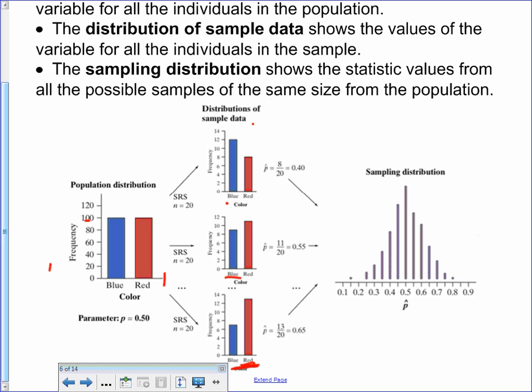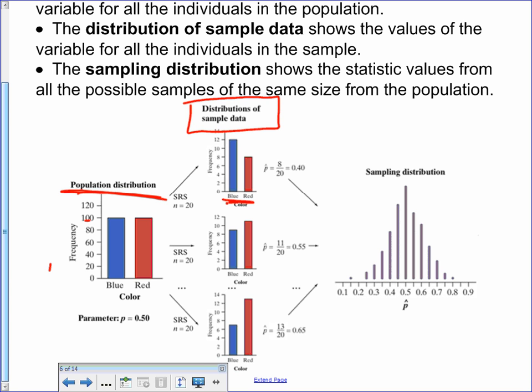There is the population distribution. That is fixed. It cannot change. Then there is the distribution of the sample data.